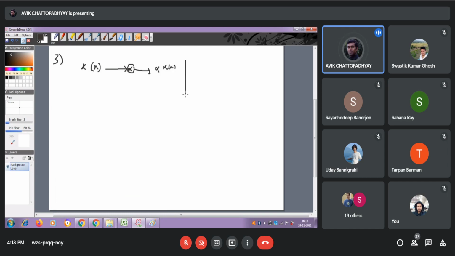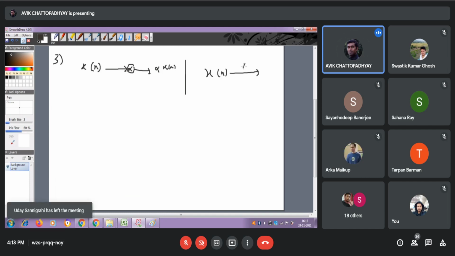Or sometimes people represent it like this: xn, an arrow, here they write the multiplicative factor, and then alpha xn. Either this or that.